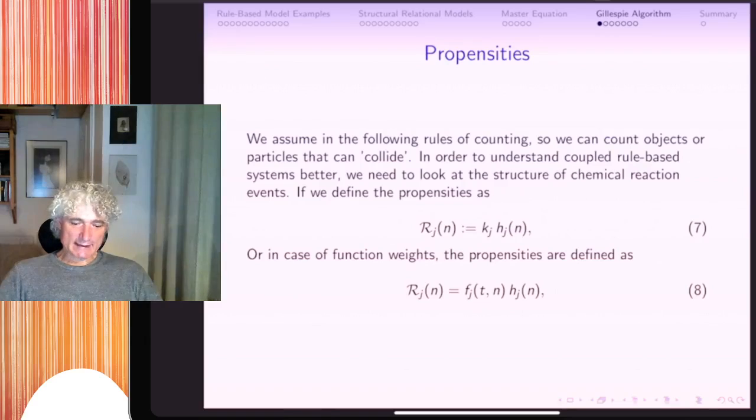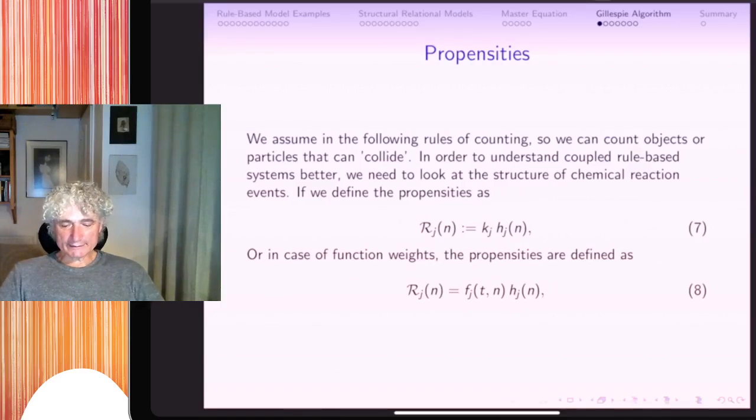So this is a kind of probability related to how certain objects of different types can come together and actually trigger the event. You could also call this an intrinsic factor, and this here is some extrinsic system factor, which is modeled either by a constant k_j or by a function f_j.